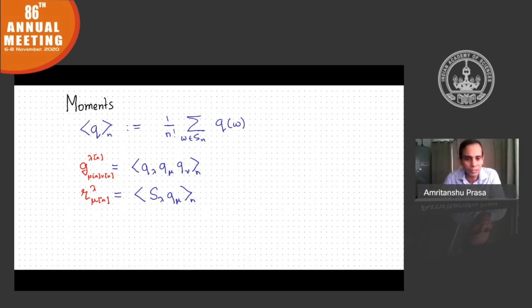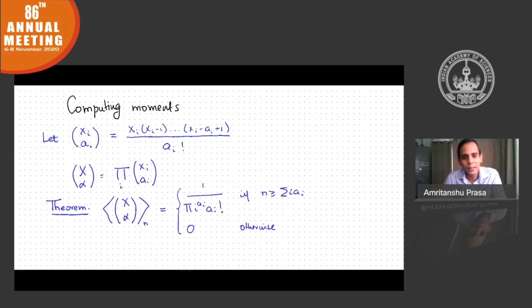So how does this averaging function work? We have this polynomial in many variables, and I use this notation xi choose ai to denote a polynomial in the variable xi, which is given by this formula. It's xi multiplied by xi minus 1 dot dot dot up to xi minus ai plus 1 divided by ai factorial. And you multiply these over all i, and this gives x choose alpha.